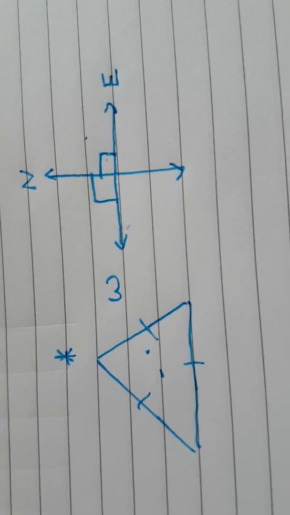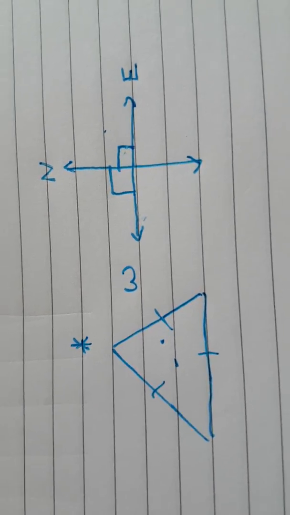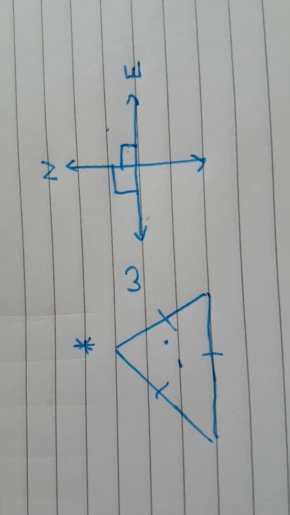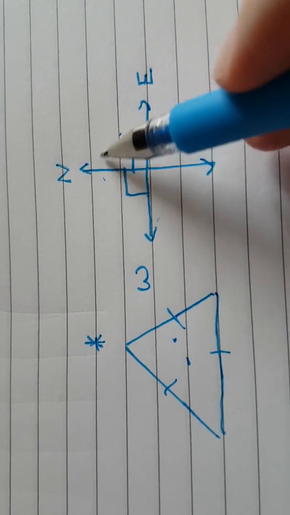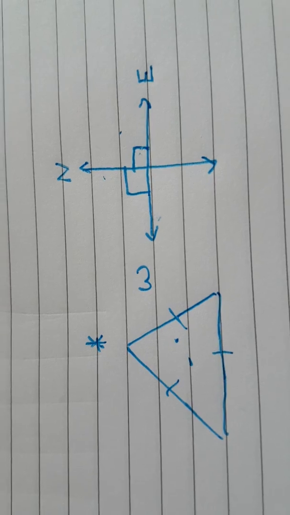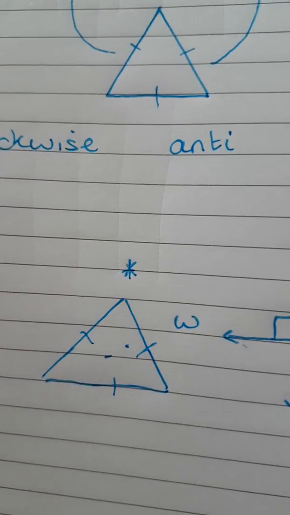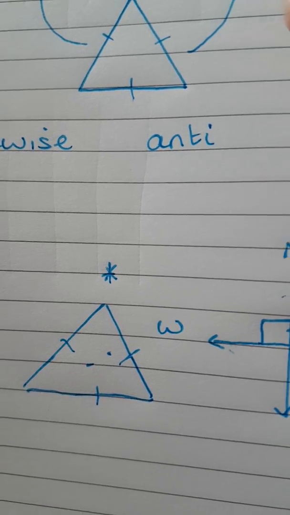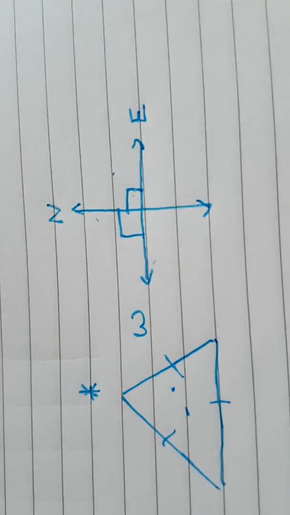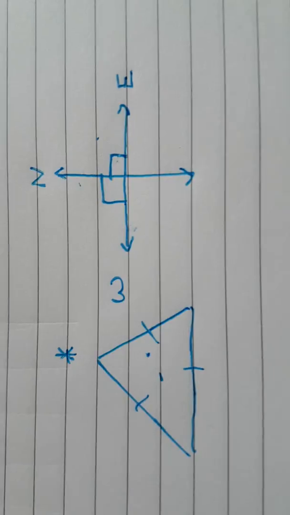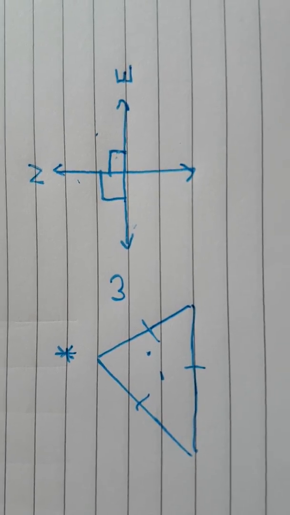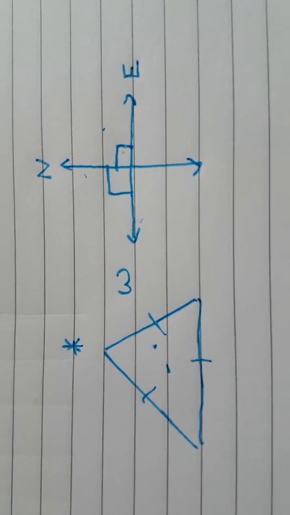So once you're clued in with how far you're turning it, where you're turning it around, and which direction it should look in, try turning your page. Try turning this around so that you know what your shape should look like at the end. If you can get a good visual aid, you know that if you are doing it wrong, at the very end, you'll spot the differences and you might be able to correct it.